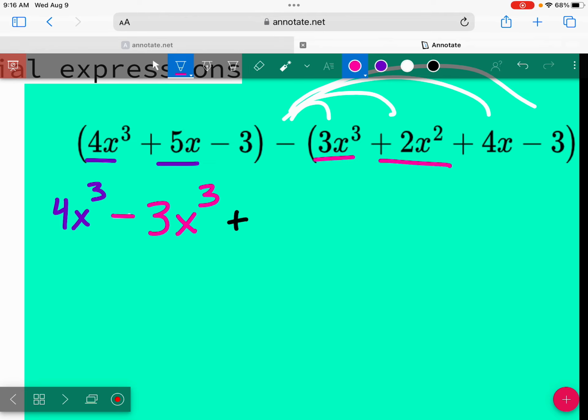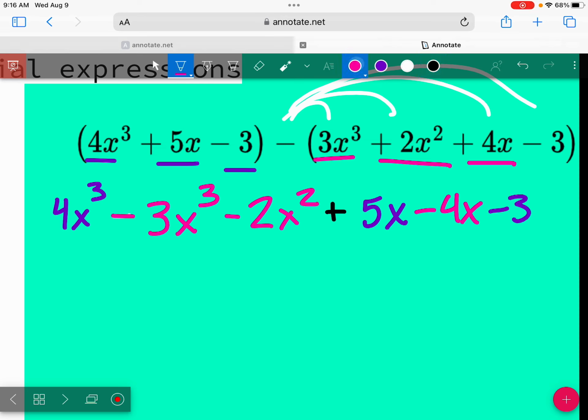Boop. So we've got our minus 2x squared plus 5x minus 4x minus 3 plus 3.